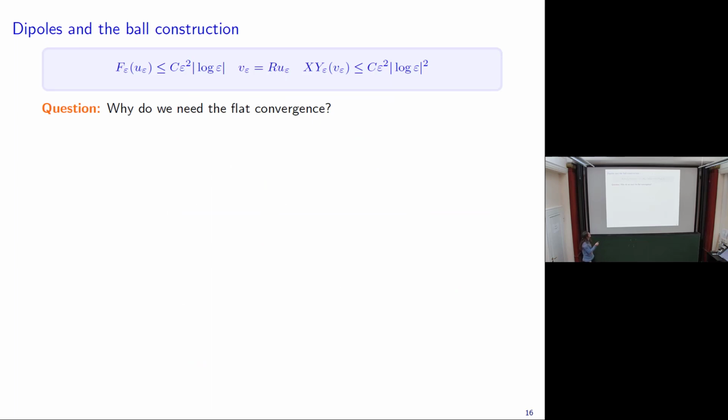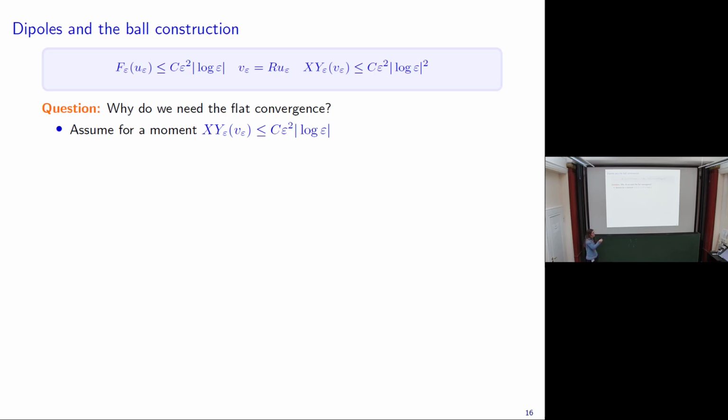And well, maybe for that I go a step back, and probably this question is stupid for a lot of people here, but you might ask yourself, why do you actually need the flat convergence? This is a recap of the energy bounds that we have. So let us assume for a moment we could match the required energy bound.